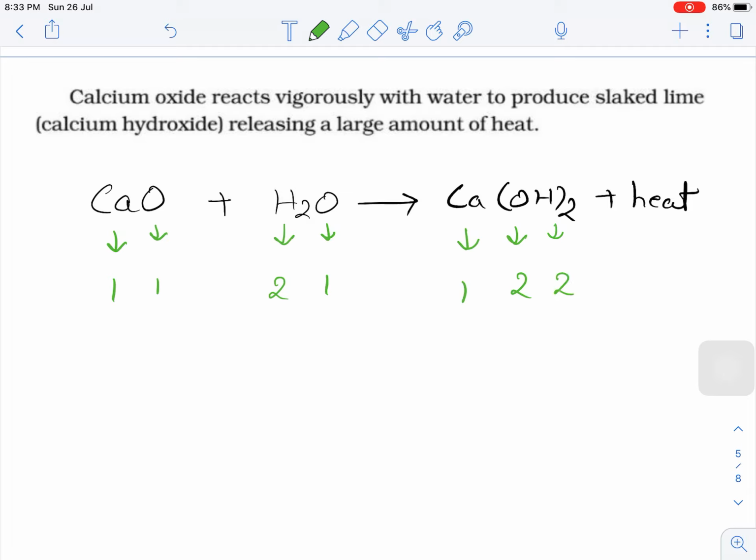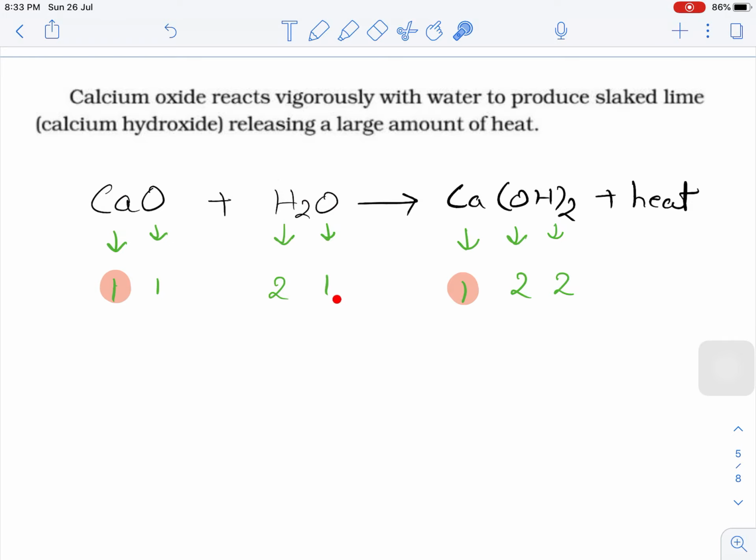Now we have to check whether it is a balanced chemical reaction or not. Can you say whether it is balanced or not? Check it one by one. Here we have 1 calcium, here also we have 1 calcium, so calcium is balanced. Now here we have 1 oxygen plus 1 oxygen, both present on the reactant side, that is the left hand side.